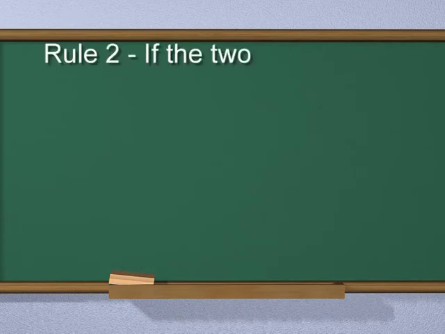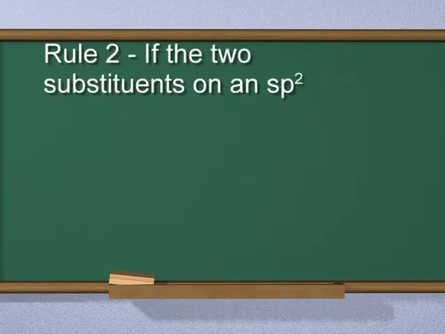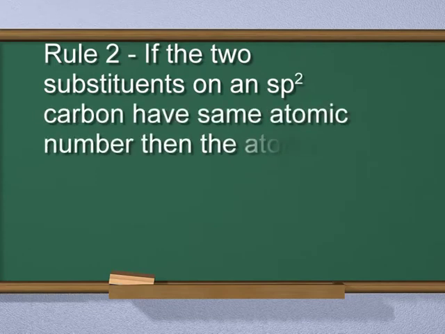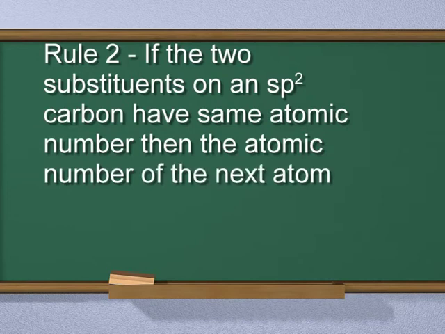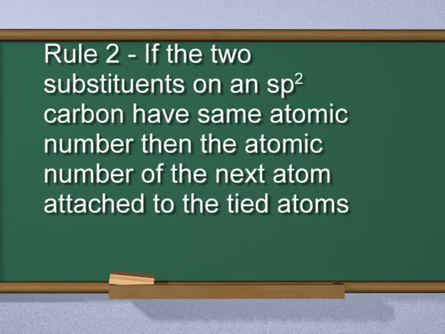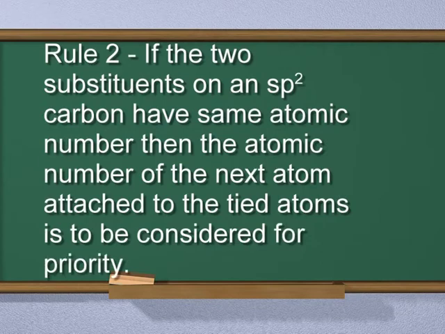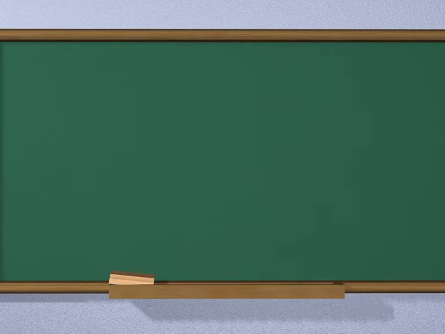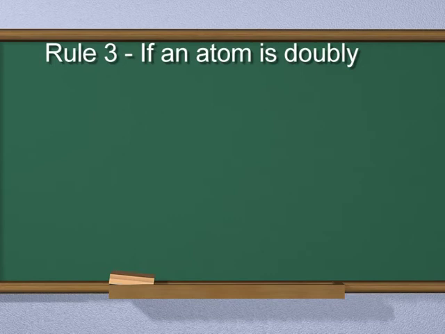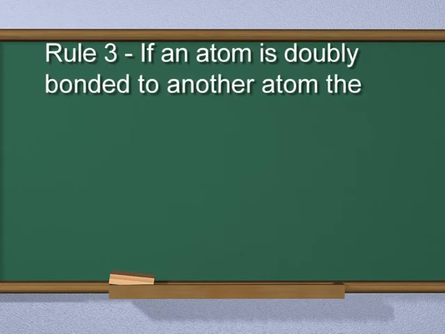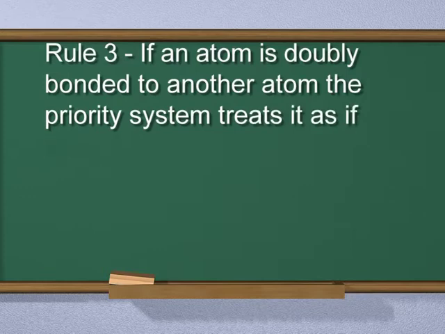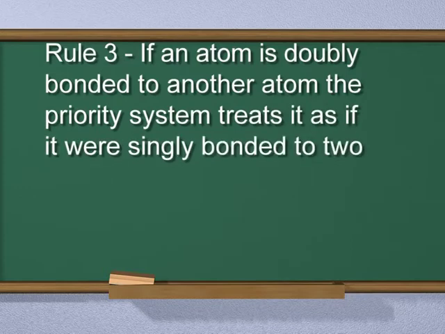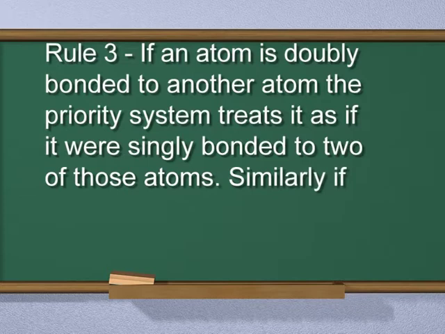Rule 2. If the two substituents on an sp2 carbon have same atomic number, then the atomic number of the next atom attached to the tied atoms is to be considered for priority. Rule 3. If an atom is doubly bonded to another atom, the priority system treats it as if it were singly bonded to two of those atoms.